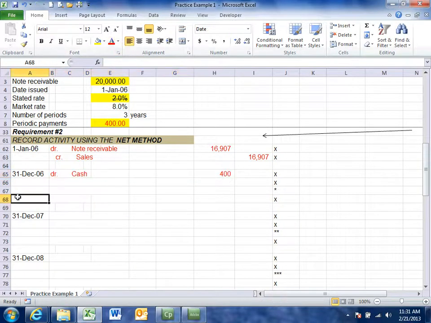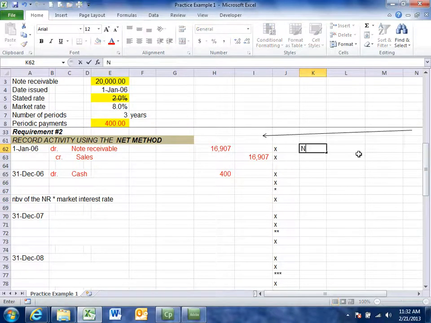So it's always helpful to keep tabs of what is the net book value of the note. Why don't we do that over here. Right now, when we did the initial entry, we set the note receivable up at $16,907. We haven't made any adjustments to it, so at this point, the net book value is 16,907. So I'm going to take that 16,907 and multiply it by 8%.